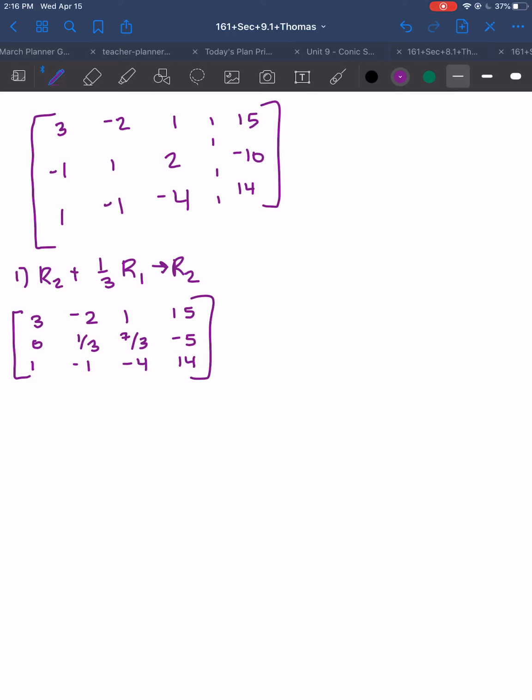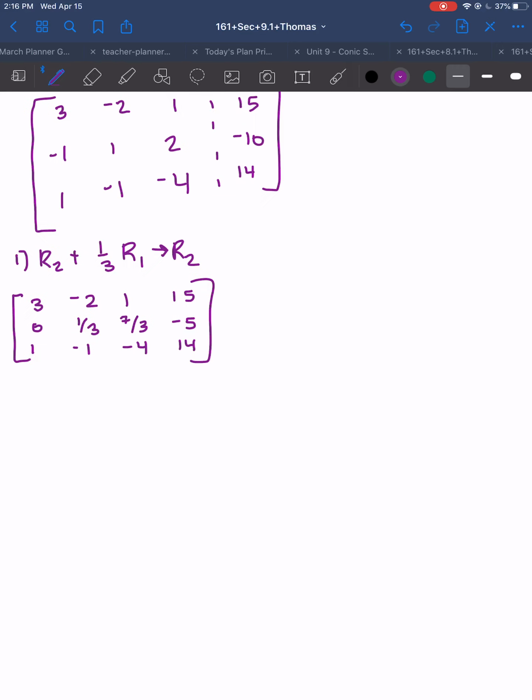And then now I want to get that one to be a 0. So what I'm going to do is take R3 minus 1/3 R1 and put that in R3.